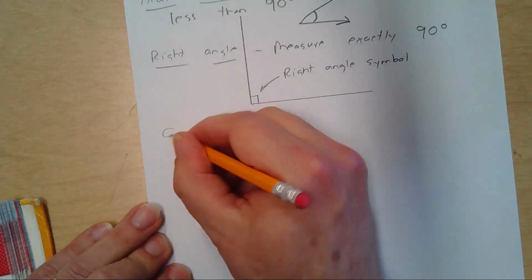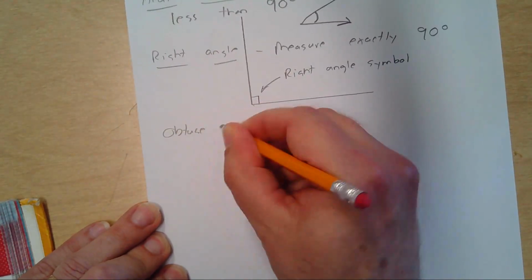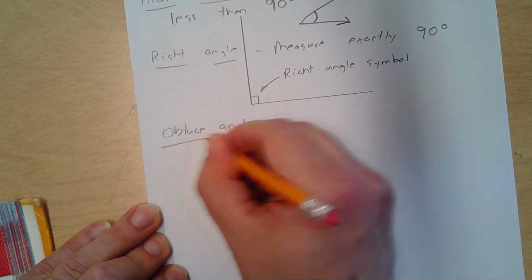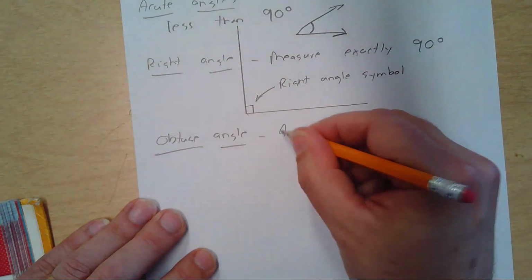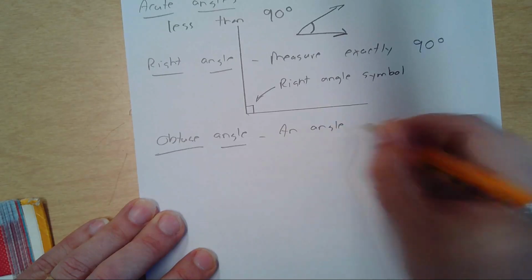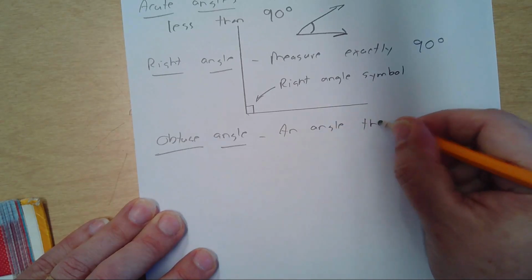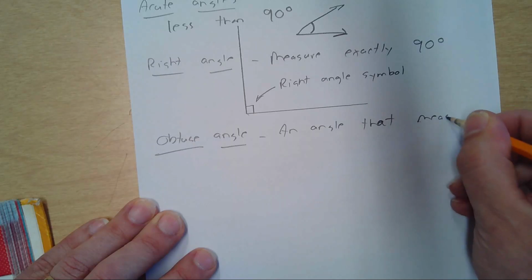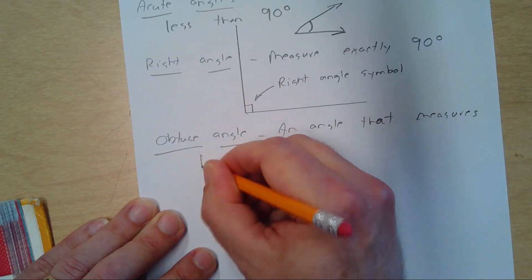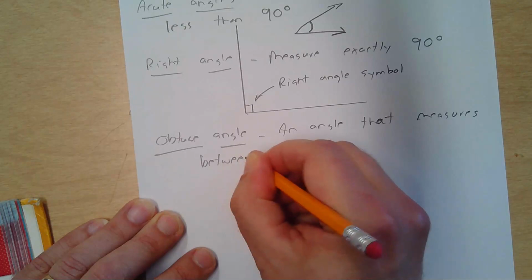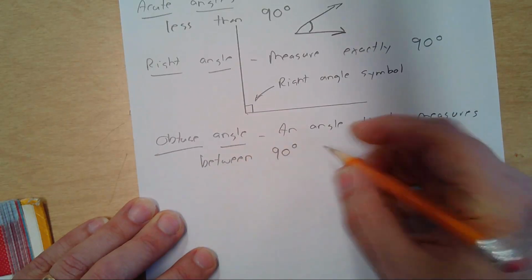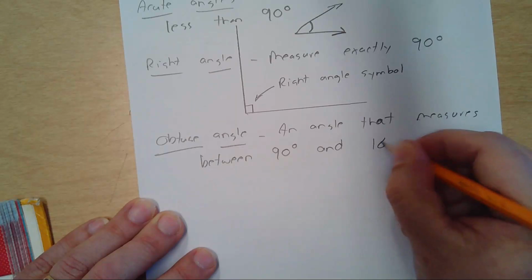An obtuse angle. All right, is an angle that measures between 90 degrees, so bigger than a right angle, and 180 degrees.